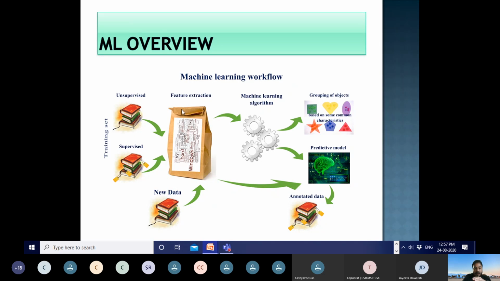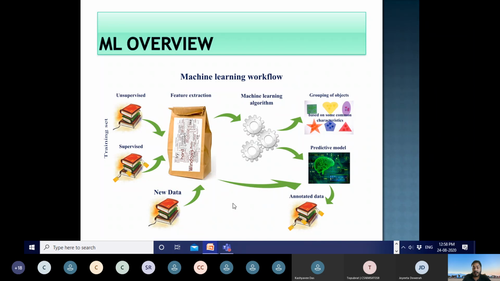And after employing some machine learning algorithm, suppose I am employing K-means algorithm, then we will go through some new data. That machine learning algorithm will now analyze those new data, and accordingly, going through the predictive model, it will give you some annotated data.